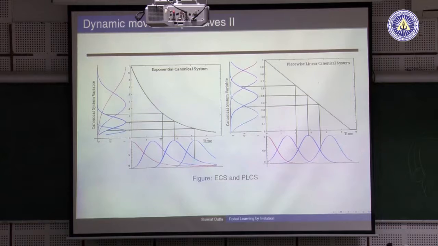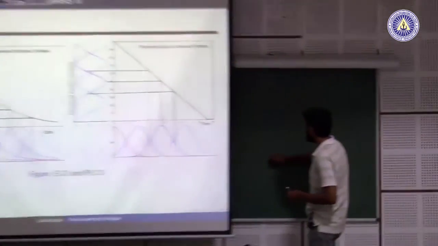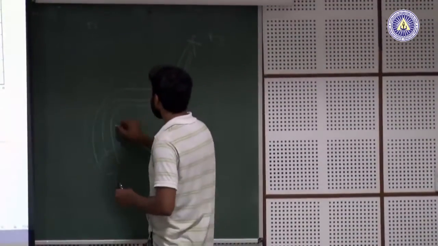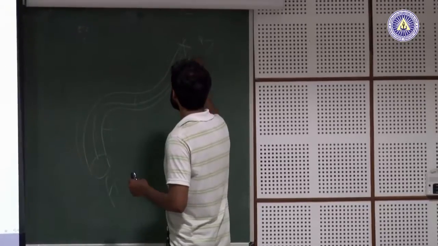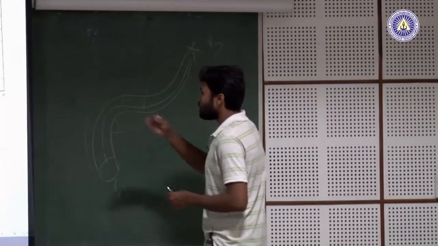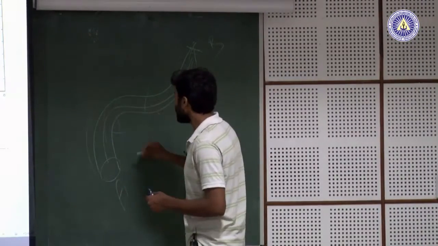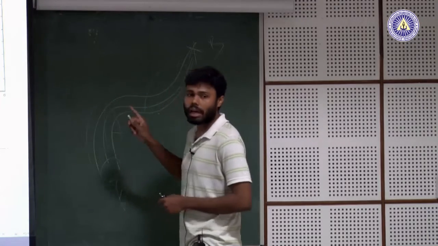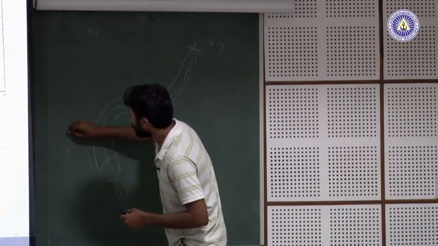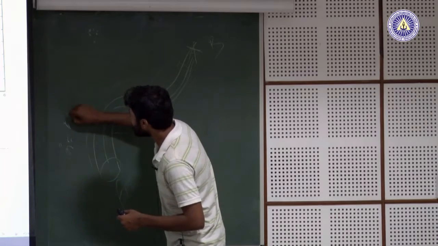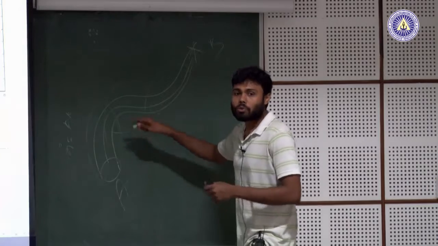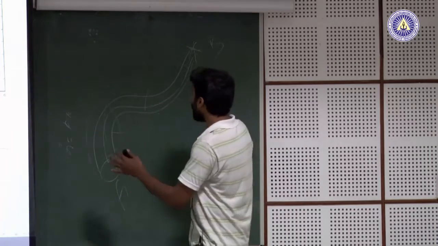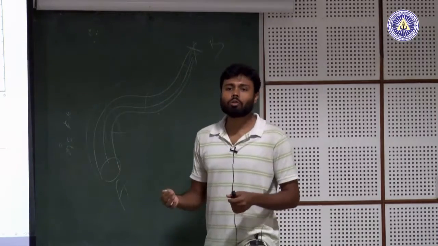So instead of making it a crisp value, we take, at this instant of time, what is the firing strength of the model. We are considering local models, right? Suppose I have this kind of trajectory, and I have learned a system like this, a system like this, a system like this. Basically these kernels decide when this system will act; I have already told you that x dot equals ax. Suppose this is your local model. Now I take a combination of all the local models and give the global response.